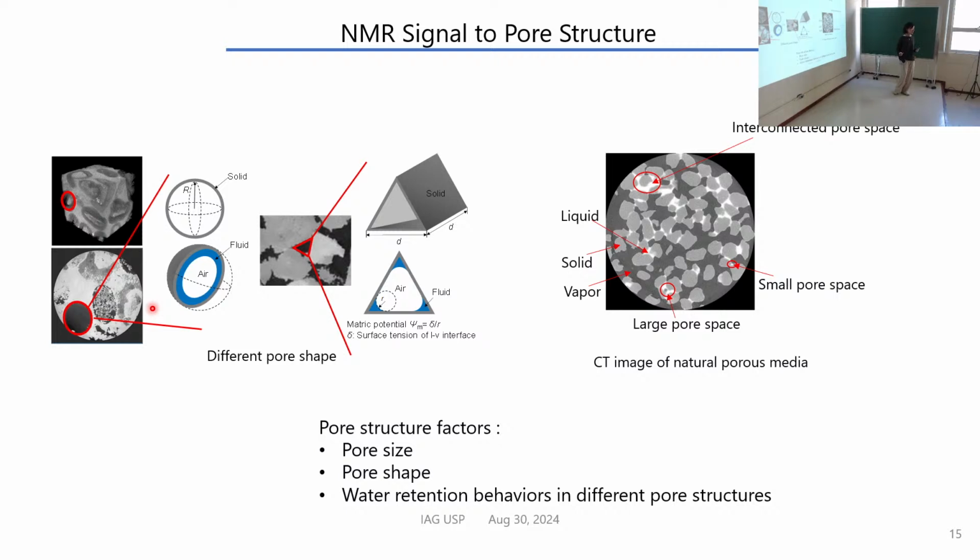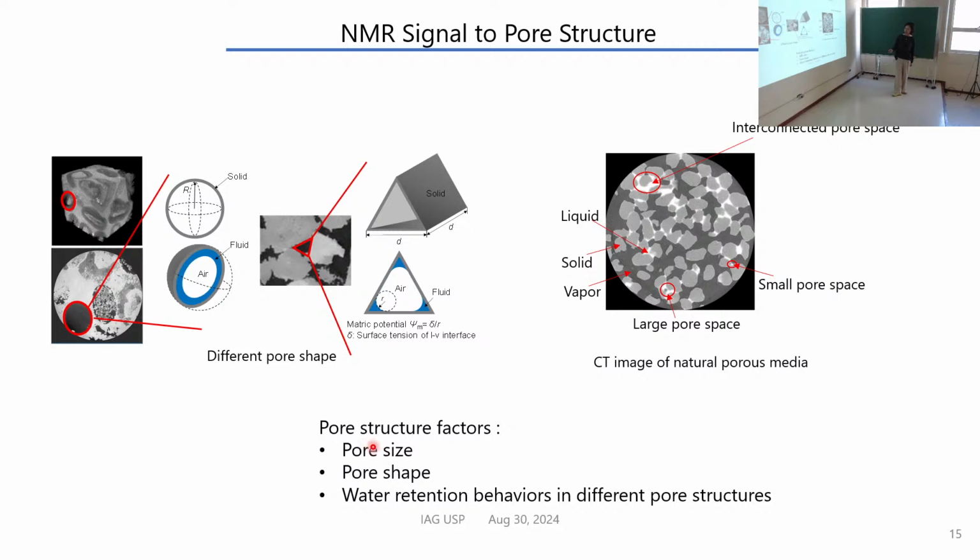For example, we just set up a synthetic pore structure, such as a spherical or triangular pore structure, and try to understand some basic phenomena from this idealized pore structure. What kind of factors are we interested in?